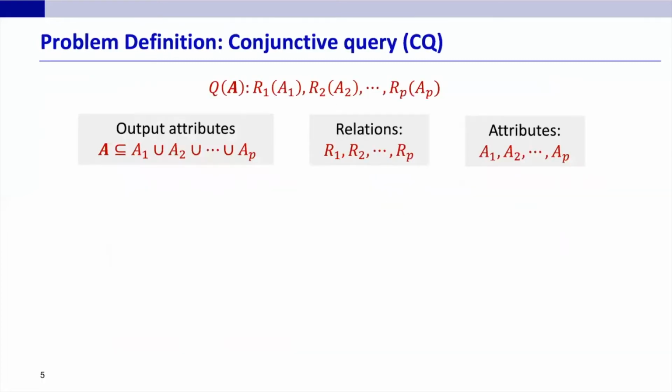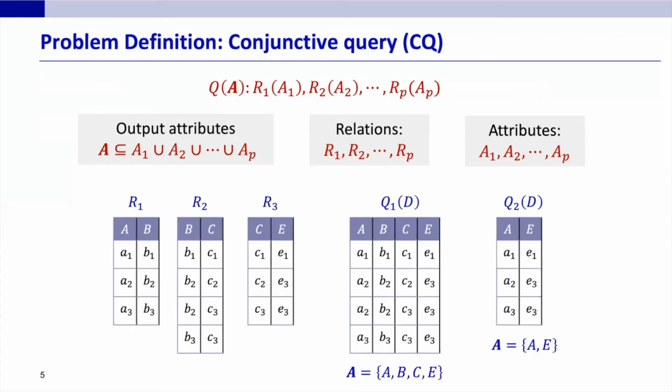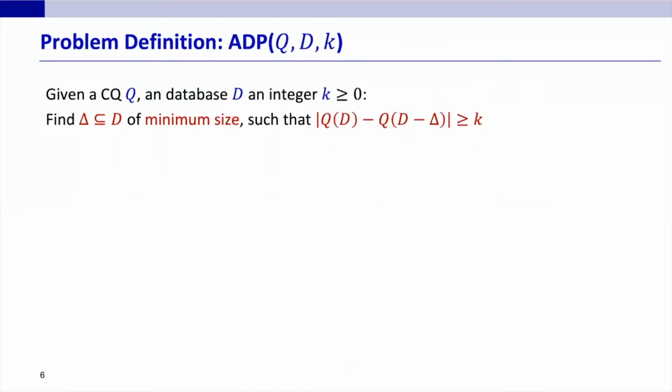Now, let me give a formal definition of the ADP problem. We study the class of conjunctive query, where the body is a set of relations joining on their common attributes, and the head is a subset of attributes appearing in the body, denoted as output attributes. The ADP problem takes three parameters as inputs: a conjunctive query Q, a database D, and the parameter k.